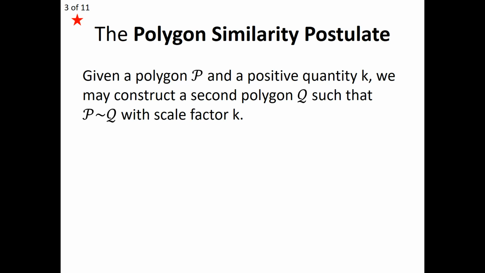Given a polygon P and a positive quantity K, we may construct a second polygon Q such that polygon P is similar to polygon Q with the scale factor of K. In other words, I can take the sides of the first polygon P, multiply them by this positive value K, and it's going to turn into a new polygon for us.